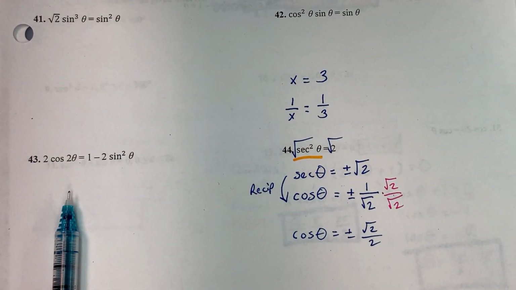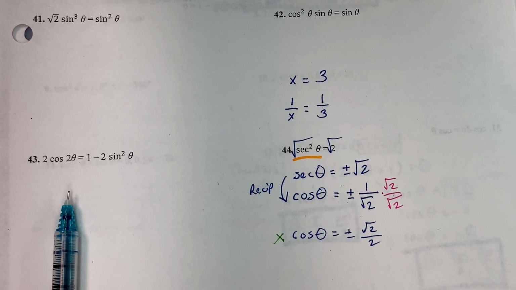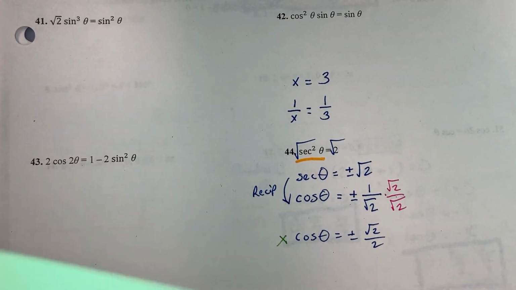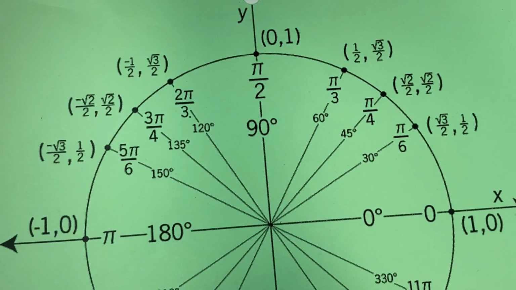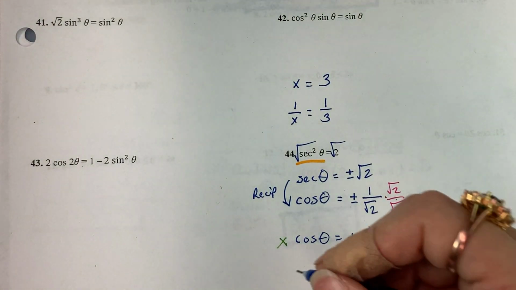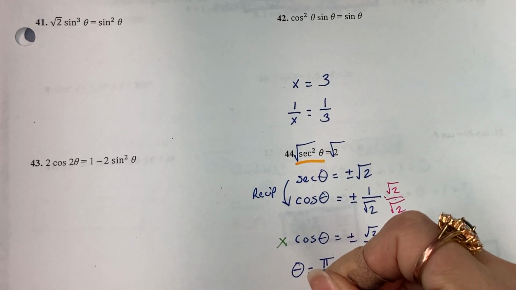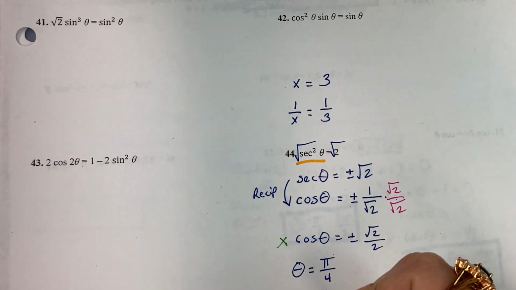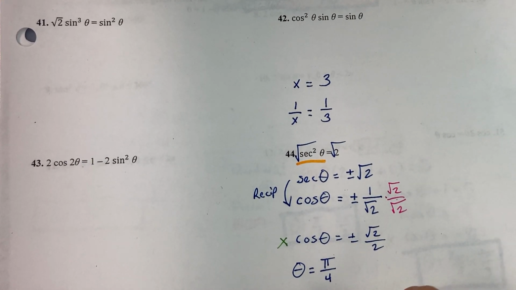So where is cosine equal to rad 2 over 2? Or where do I have an x value equal to rad 2 over 2? In radians, that would be at pi over 4, 3 pi over 4, 5 pi over 4, and 7 pi over 4. So theta is equal to pi over 4, 3 pi over 4, 5 pi over 4, and 7 pi over 4.